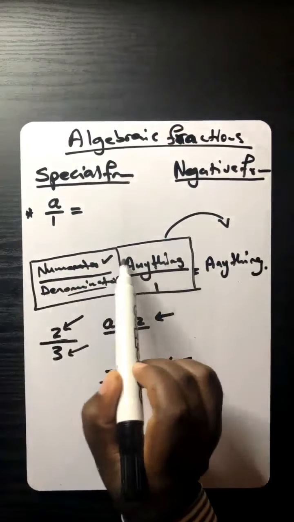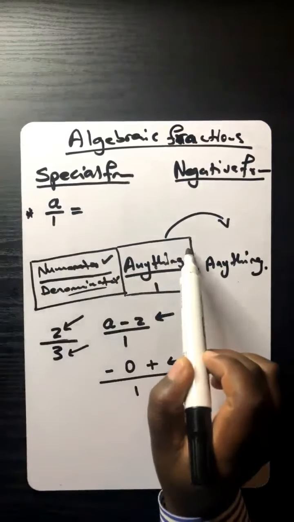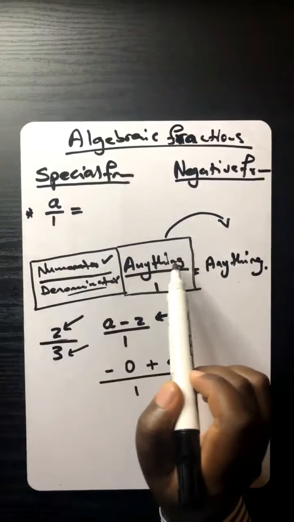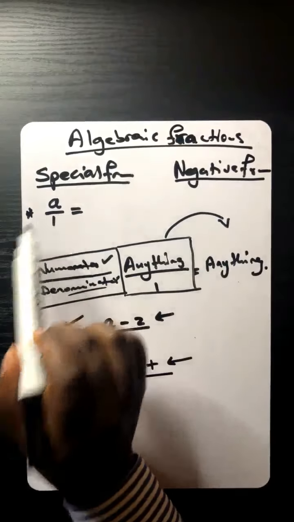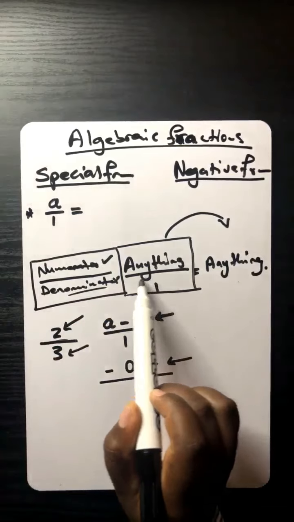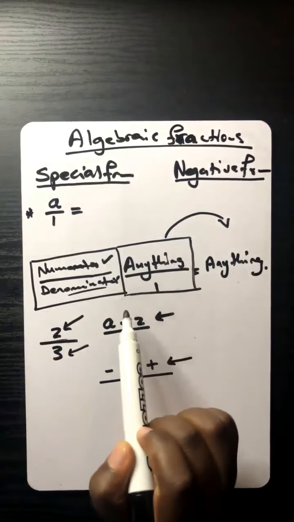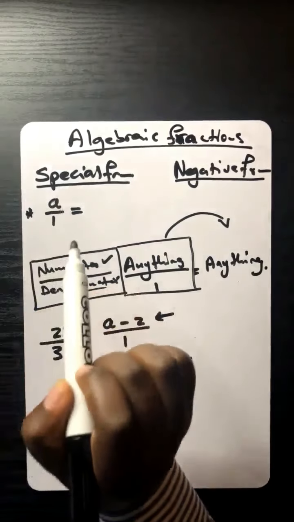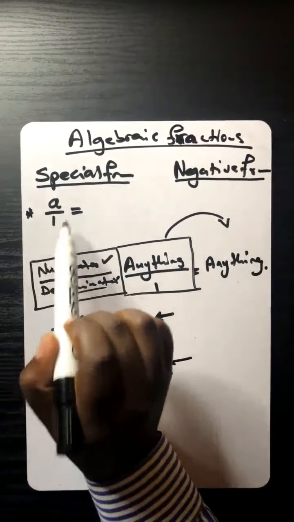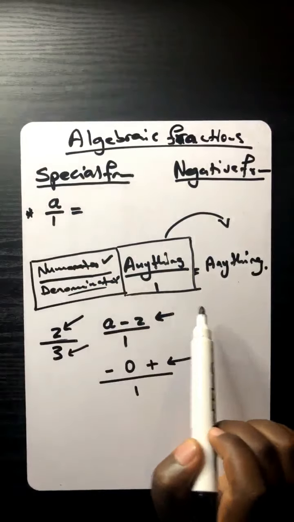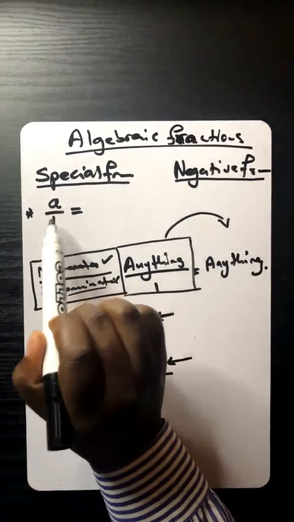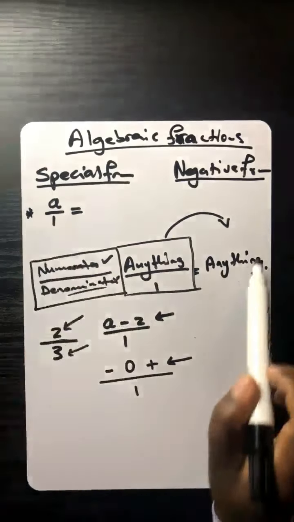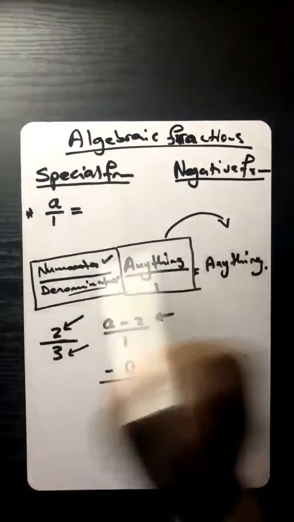Which is in that position of numerator, which is in that position of anything. So you said denominator is 1, which is that one over there. So now that we've got A as numerator and 1 as denominator, what is A divided by 1 according to all of this information?